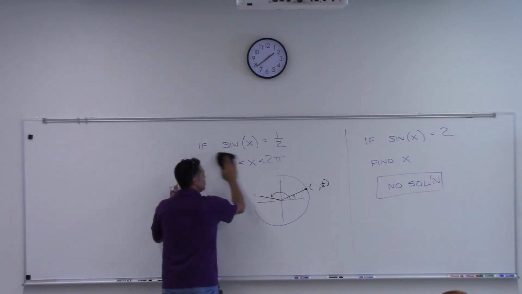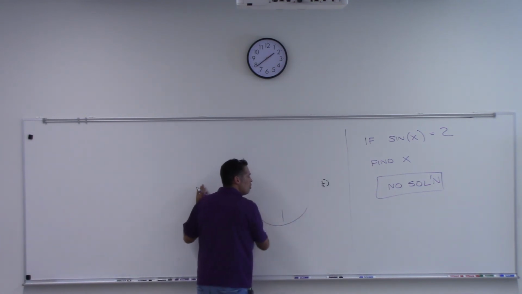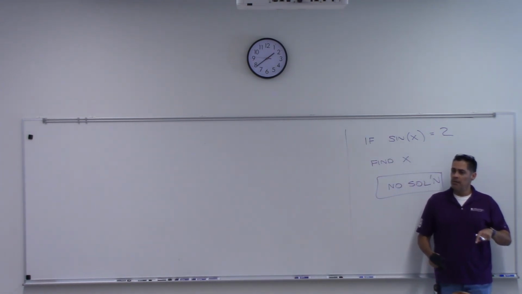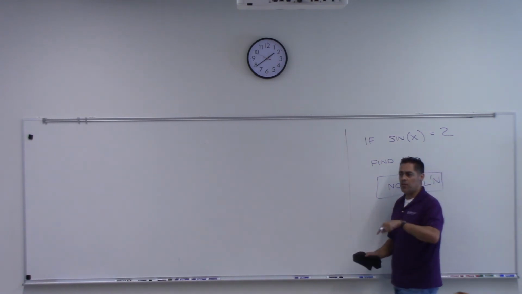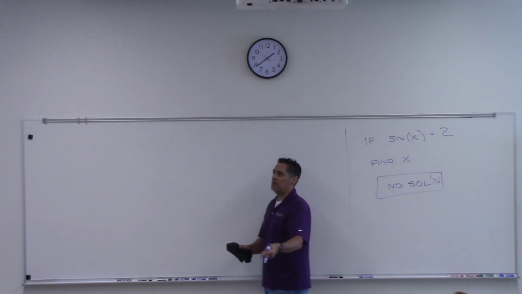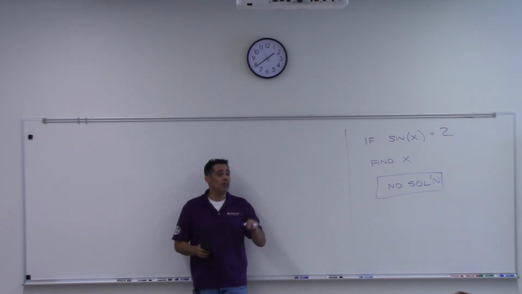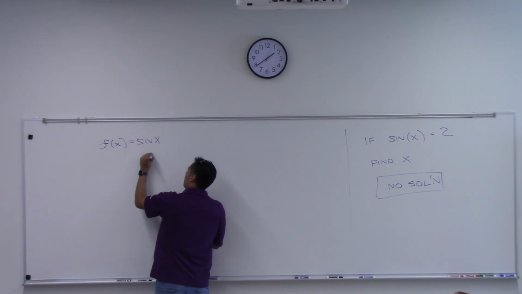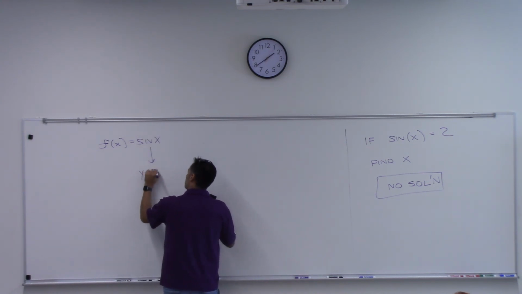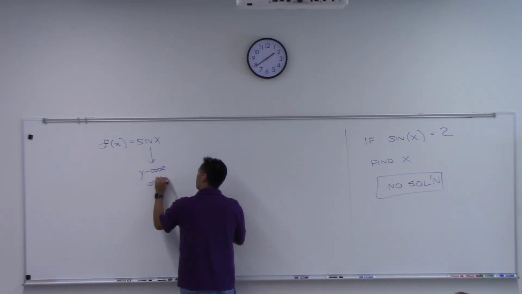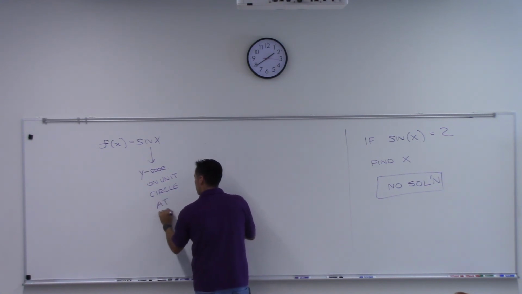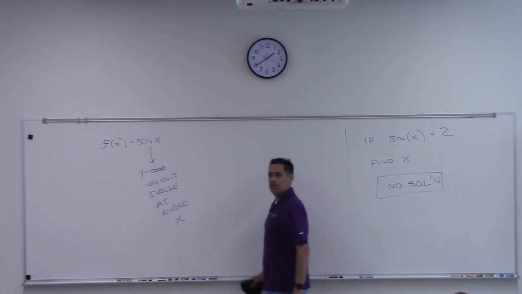So if the sine function is giving you the y coordinate on the unit circle at the angle x, then the cosine function will be giving you the x coordinate on the unit circle at the angle. So we said f of x equals sine x gives you the y coordinate on the unit circle at the angle x.